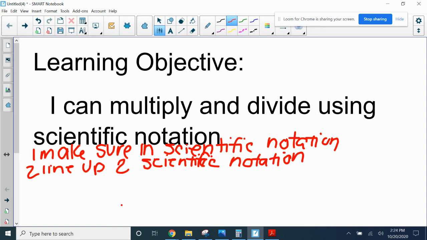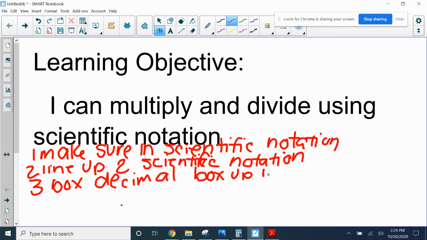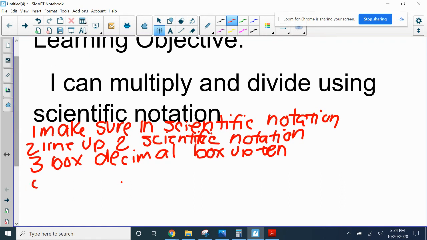And after we've lined them up, we can box the 2 decimals and box our tens. And then you would multiply your decimals like regular, bring down your times, and we learned that you multiply like bases, you keep the base and add them, and then the same thing for division. You divide your decimals like you regularly would, bring down your times, and then keep the base and subtract the exponents. So 4, multiply or divide.